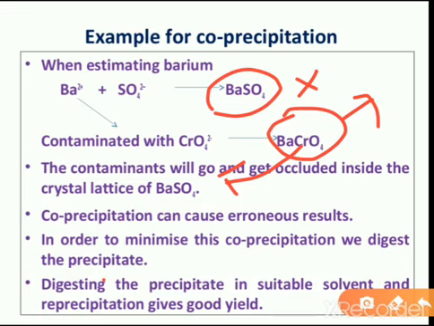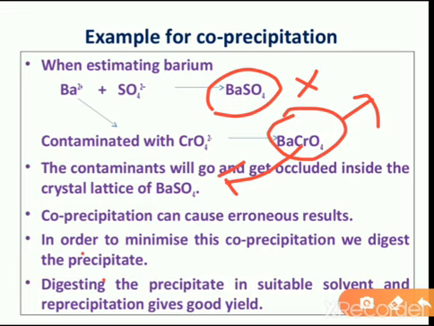For example, during the precipitation of barium sulfate, if barium nitrate or barium chromate is precipitated, positive error is observed, as the molecular weight of barium nitrate is more than that of barium sulfate.